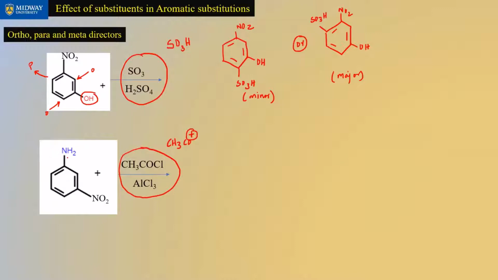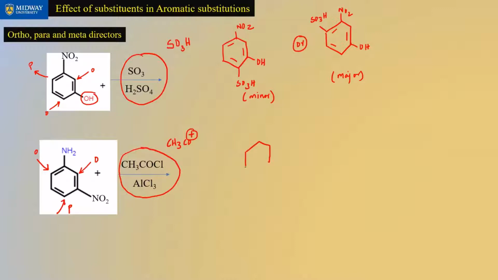And NH2 is also an ortho-para director. So with respect to the position of NH2, this is ortho, this is meta, which we don't care, and this is para. And as with the previous case, this particular product would be least favorable because of steric hindrance, which means these are the only two products possible.